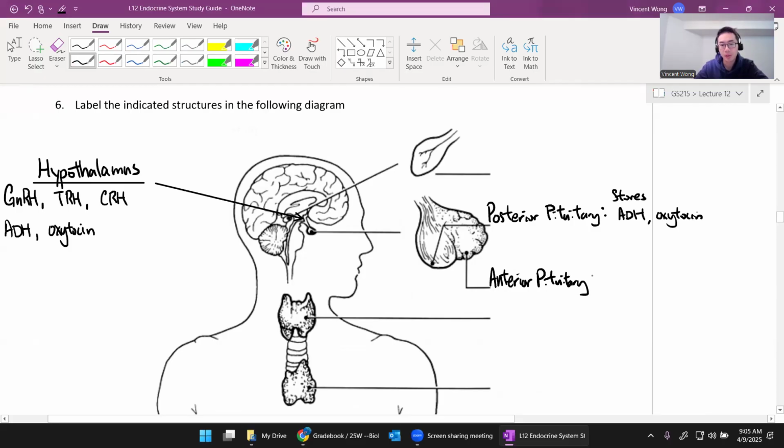And by now, again, I'm hopeful that you remember the anterior pituitary gland has non-tropic as well as tropic.